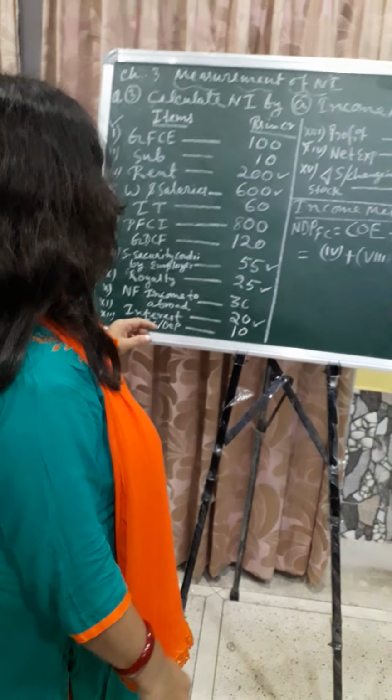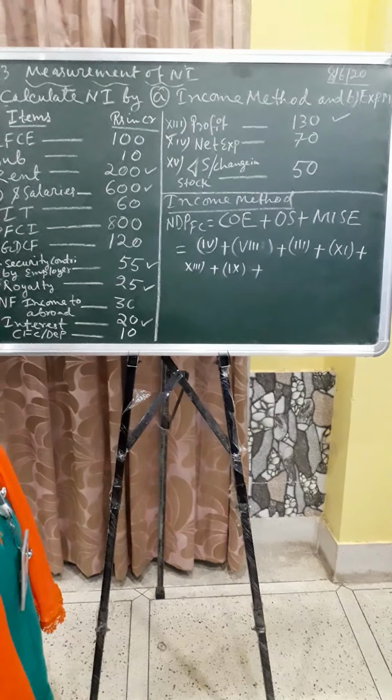So we put the value of operating surplus. First we find the rent, number 3, rent, interest number 11, profit number 13, plus royalty, number 9, plus MISE.